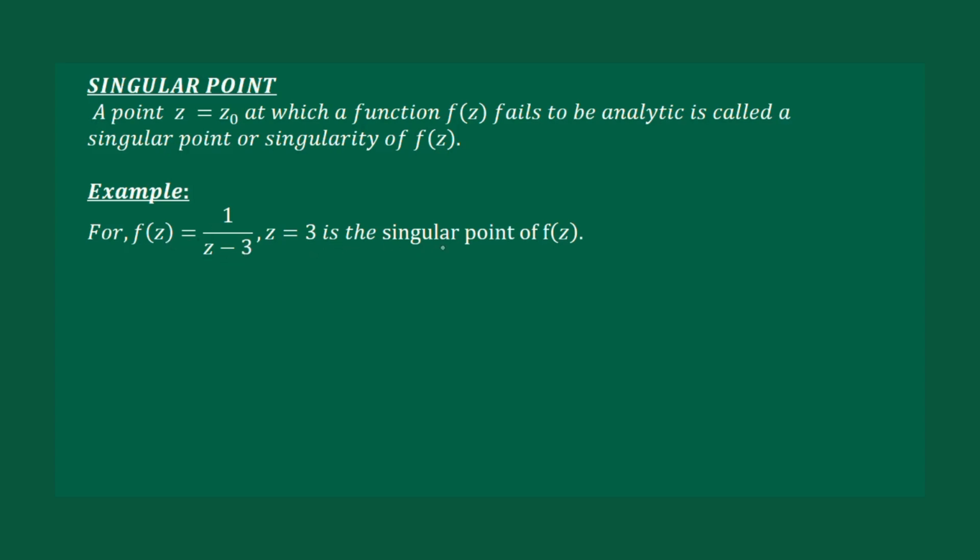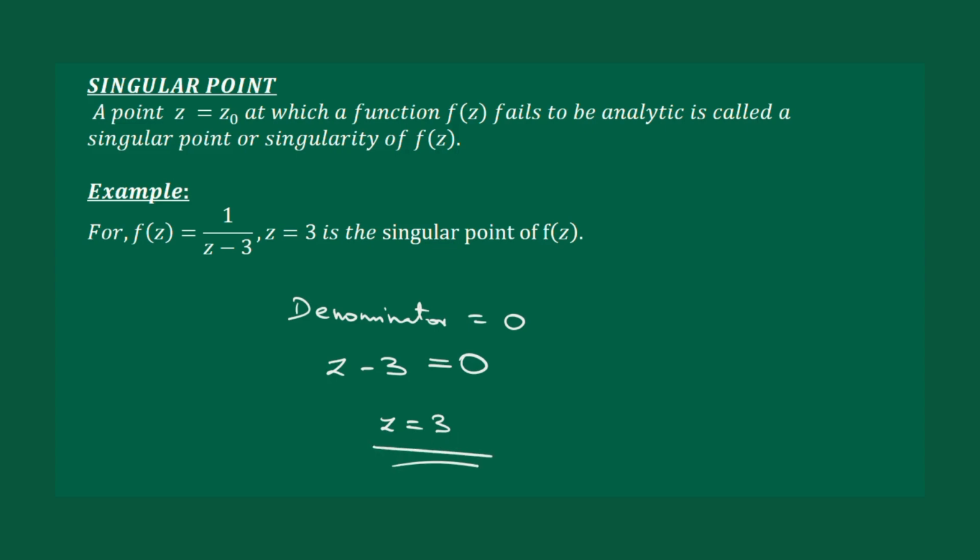Here z equal to 3 is called a singular point. To find the singular point, we have to equate the denominator to 0. Here the denominator is z minus 3. If you equate z minus 3 equal to 0, then z equal to 3.